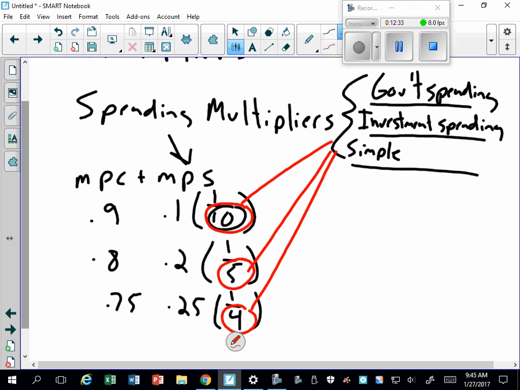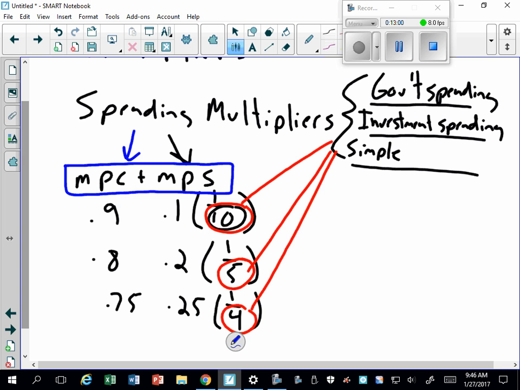Now it dissipates over time because of this concept. So if a company spends $1 billion to build a bridge, that's an initial change in spending of $1 billion. The next group of people get income from this and they MPC and MPS that income. So let's say I get paid $1,000 to help build the bridge. I then MPC and MPS that $1,000.